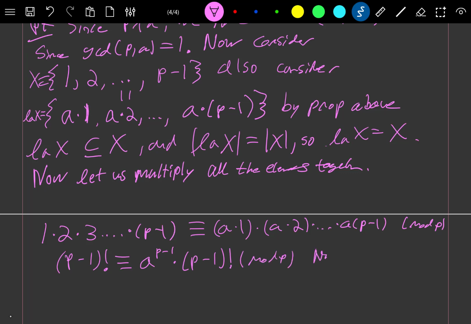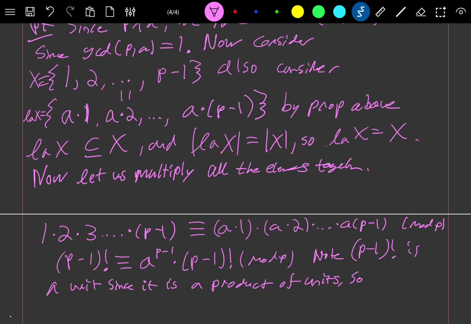And let us note p minus 1 factorial is a unit since it is a product of units, so we can cancel it out.